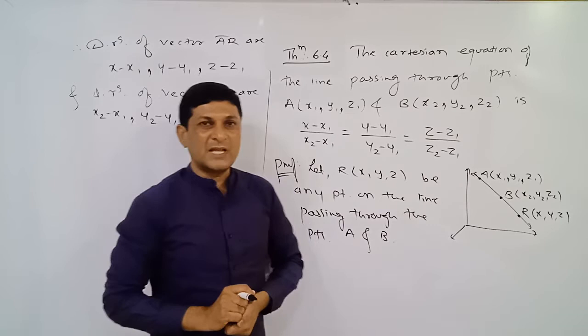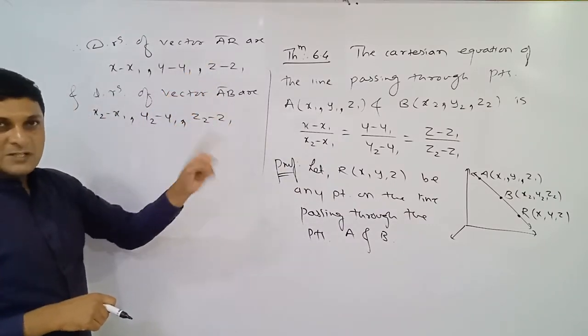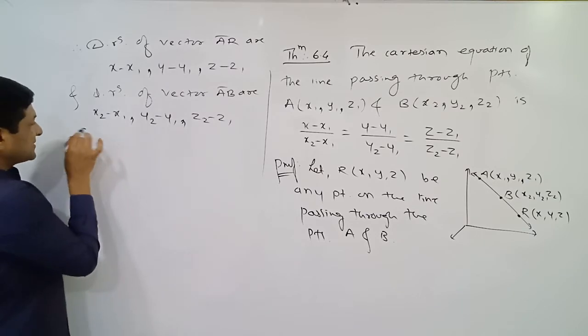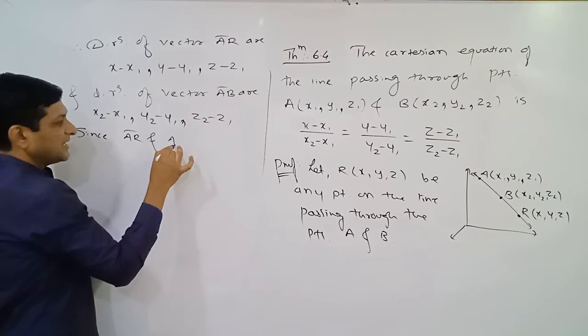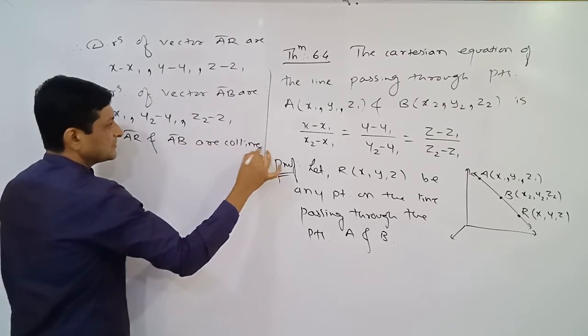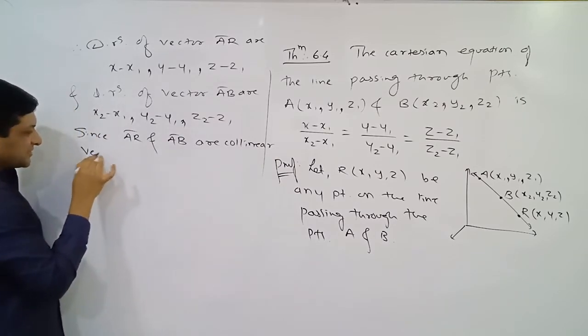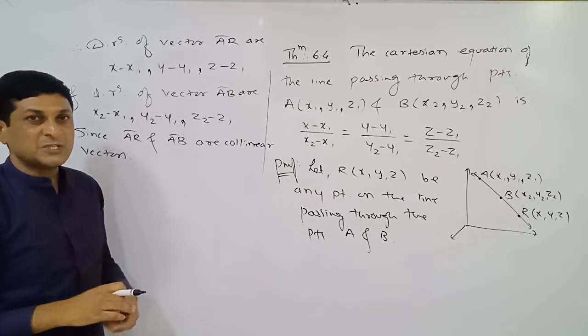Here we can observe that these two vectors are collinear. AR bar and AB bar lie on the same line. So we can say that since AR bar and AB bar are collinear vectors, and if two vectors are collinear, at that time the direction ratios satisfy which condition?